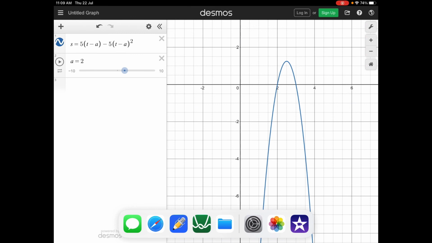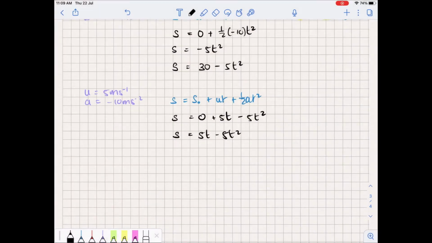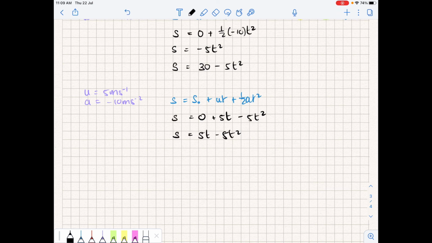Based on that, we can go back to our equation here, and we can see that in order to get the correct time, we need to translate the graph over 2 units.